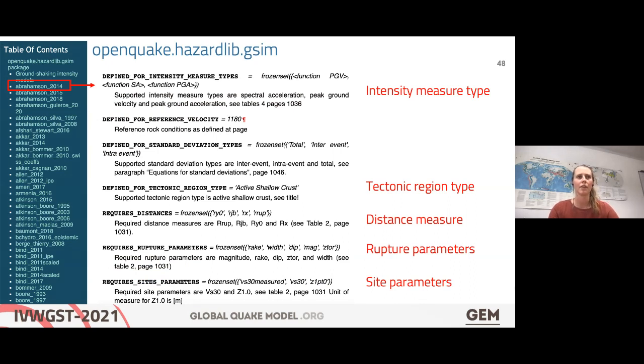So on the left is just the top part of the list for all the different GMPEs that are implemented in the OpenQuake engine. And highlighting Abrahamson 2014 from the former slide, the documentation here is indicating which intensity measure types this GMPE can be used for, which tectonic region types, and the required distance measure parameter values and site parameters that are needed in order to use this GMPE.